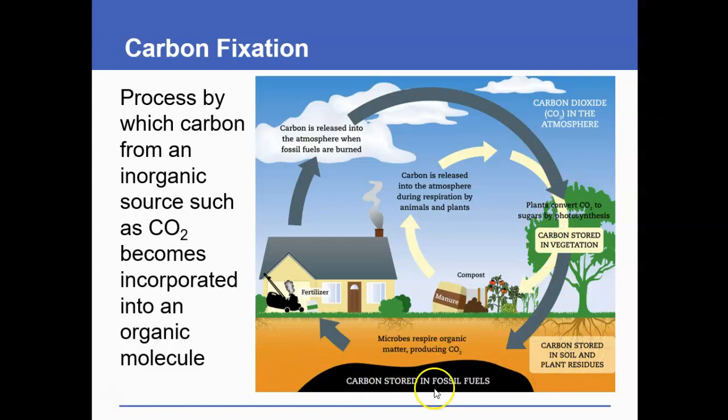When they get stored for a really long time, that's how they become fossil fuels. That's how it becomes those hydrocarbons, those carbons and hydrogens. Eventually, that hydrocarbon can get pulled up and it can get burned and it can cycle all of these things again.